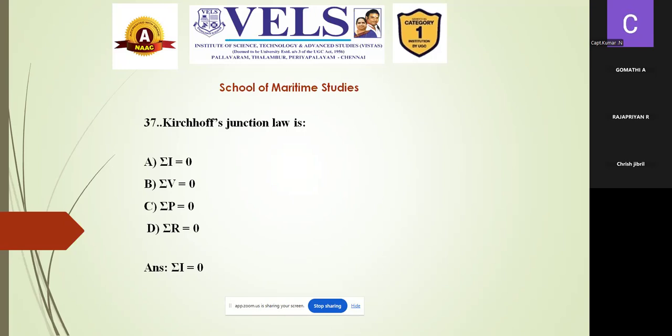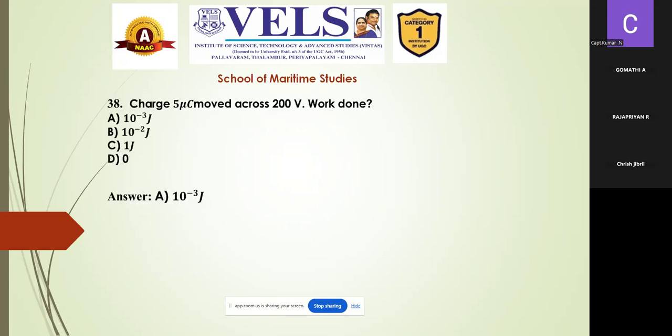How is it defined? The algebraic sum of the current entering a circuit is equal to the algebraic sum of the current leaving the circuit. So the summation of current I is equal to 0. This is the Kirchhoff first law and Kirchhoff current law.